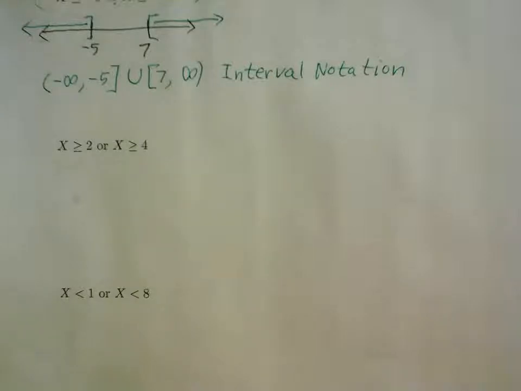Or another way to say it is, what set of numbers are we going to end up with under these conditions? So a number is in this set if a number satisfies one of the conditions or the other.